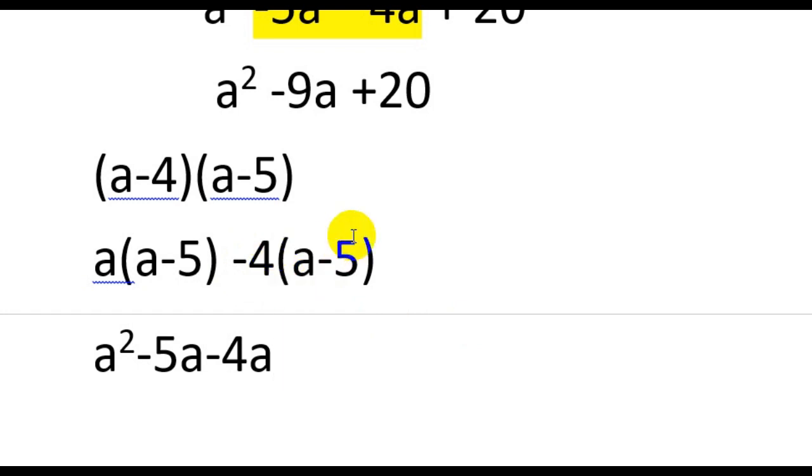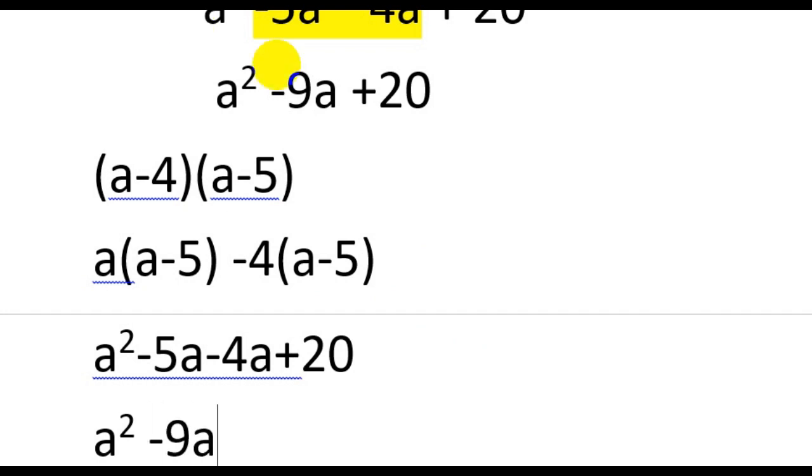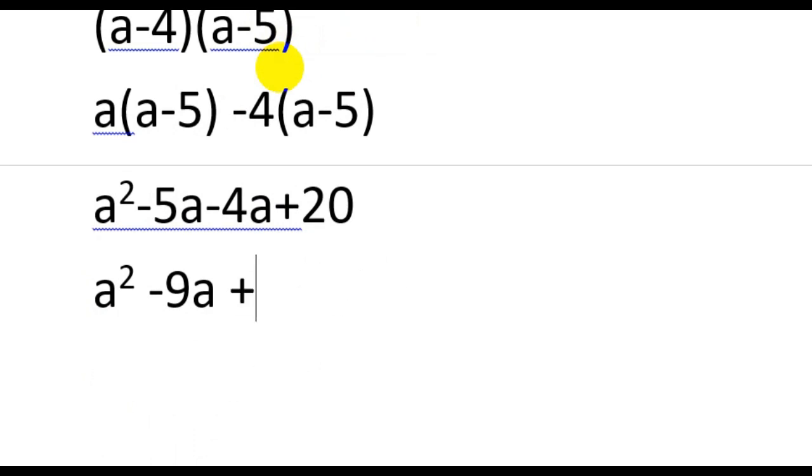Minus into minus is plus, 4 multiplied by 5 is 20. So again we get the same answer, a square minus 9a and plus 20.